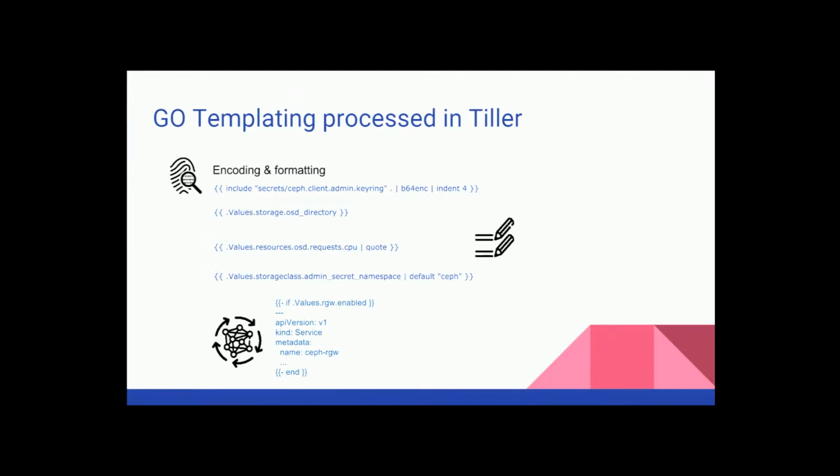And lastly, one way to define a conditional statement in the templating language. In this case, if you have a defined RADOS gateway, then we will include certain additional deployment. That's a very nice way to describe deployment in a clean way without having any dependency.